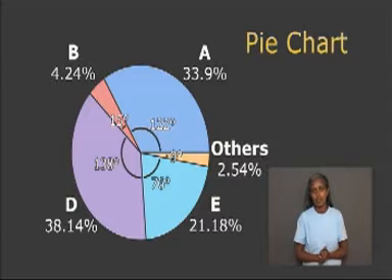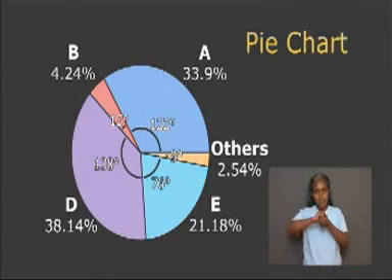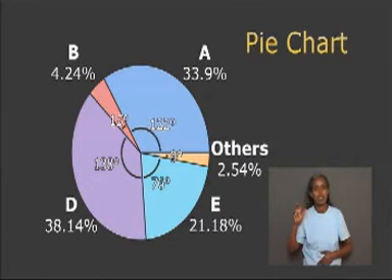Its components are converted into degrees by taking proportions of 360. These portions resemble slices of pie, which is why it is called a pie chart.